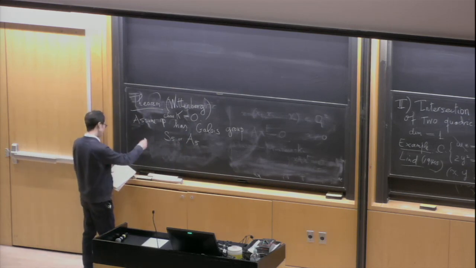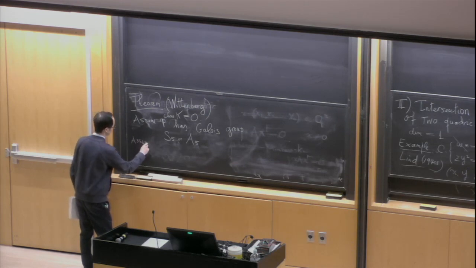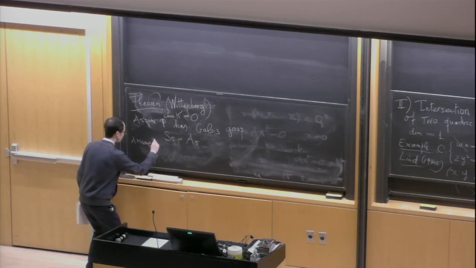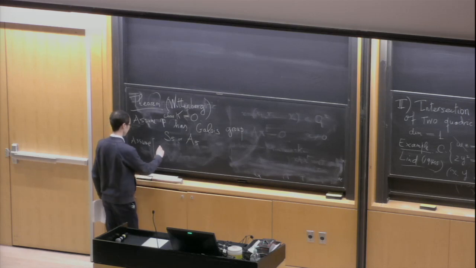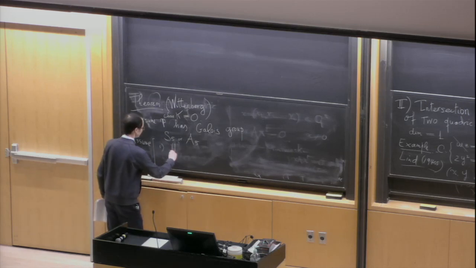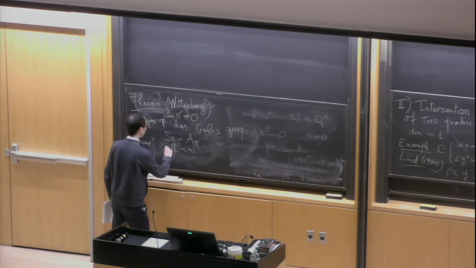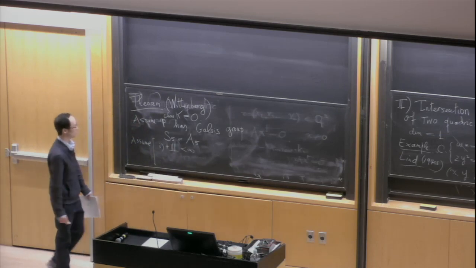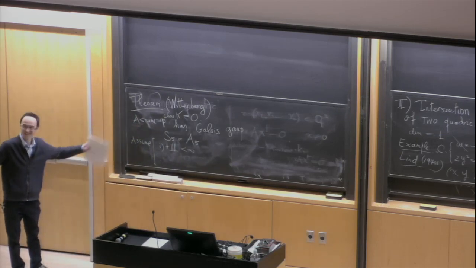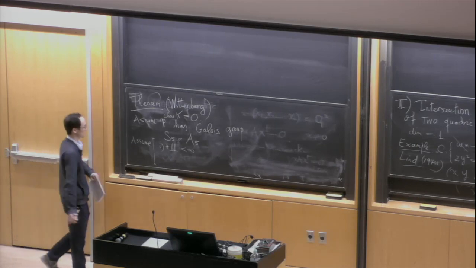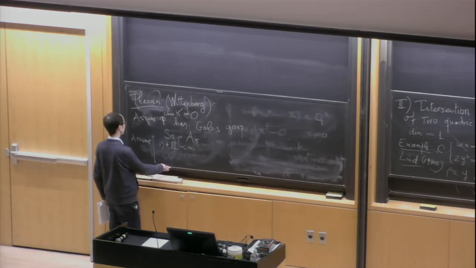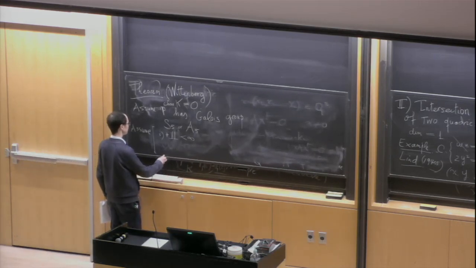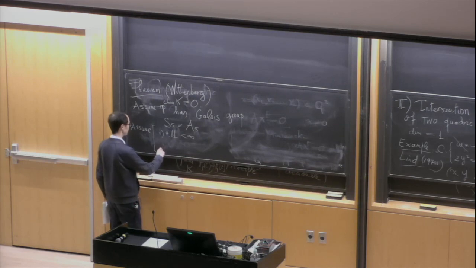Then he needs two more hypotheses. One is that Sha is finite for all the elliptic curves involved in his argument. He's going to perform an argument which involves genus 1 curves, so he needs the Hasse principle for those genus 1 curves. So he needs finiteness of Sha.